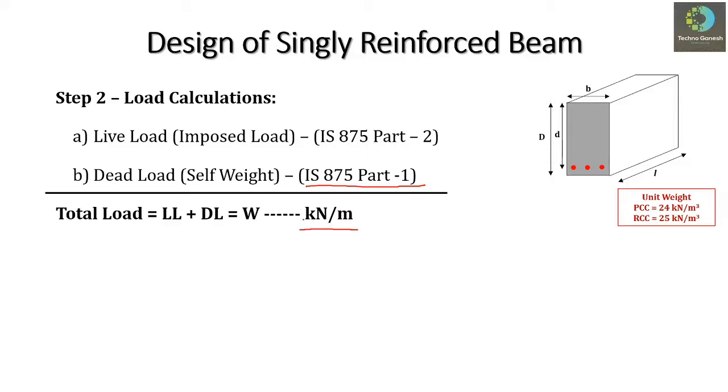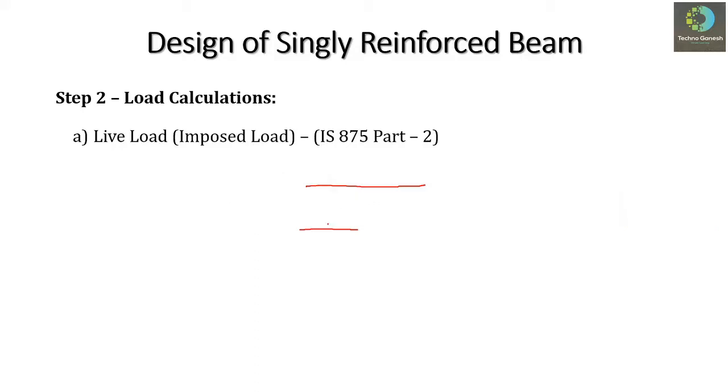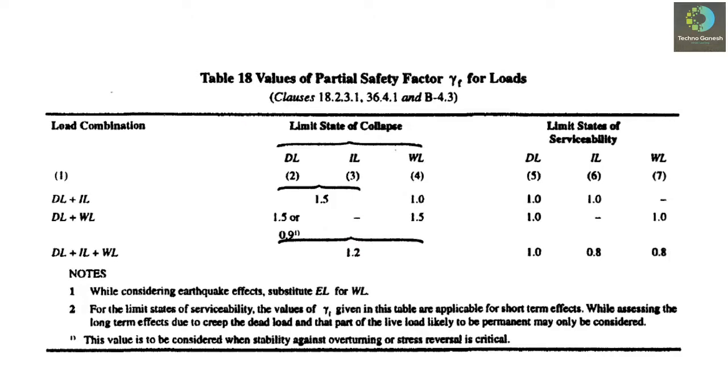Then, as we know that we have to apply the partial safety factor for the loads as specified by the IS 456 as given in this table. The partial safety factors for different load cases we have to consider. As here in this case, we are considering the dead load plus live load only, or dead load plus imposed load only.